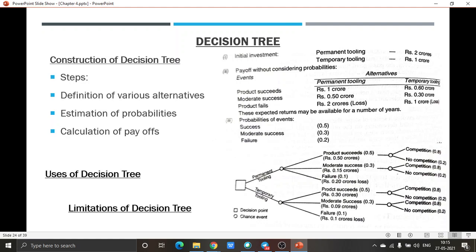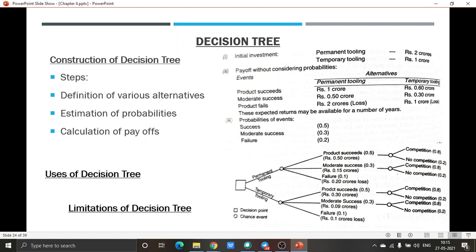Now, if I have to give an example regarding the problems which can be solved through a decision tree, maybe in an organization when a new product has to be introduced.